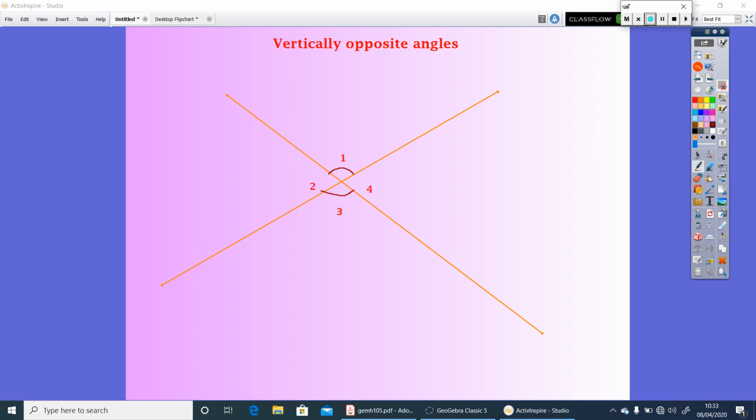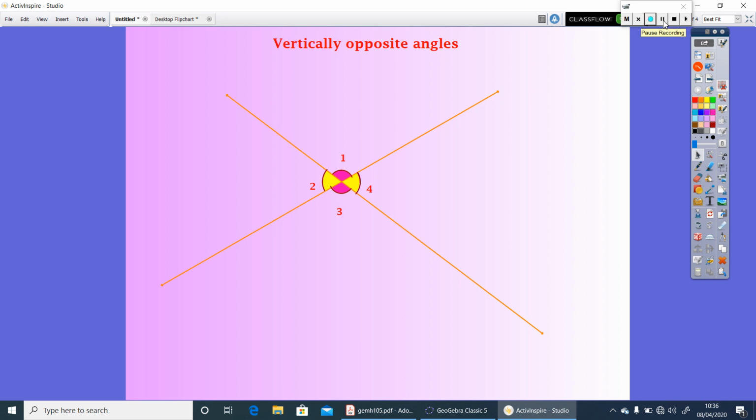Here, angle 1 and angle 3 are opposite angles. So, these angles we can call vertically opposite angles. Similarly, one more pair you can say angle 2 and angle 4. Angle 1 and angle 3 are one pair of vertically opposite angles, and angle 2 and angle 4 are another pair of vertically opposite angles.